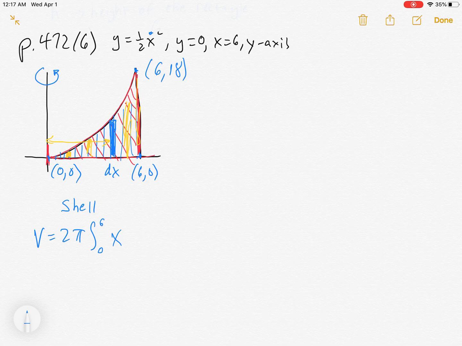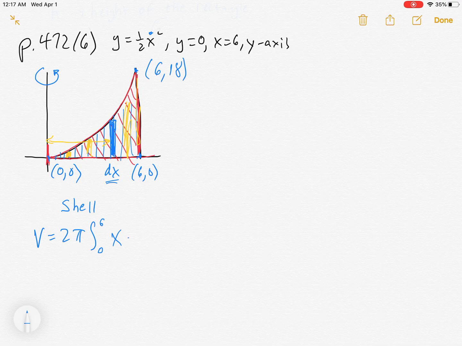You can memorize which is which if you want. I don't see any reason why you'd do that, but if you're revolving around the x or y axis, your p is very simple. It's just x or y. Here, you have a dx differential, so it has to be in terms of x. So it'll be x. What is the height of the rectangle?